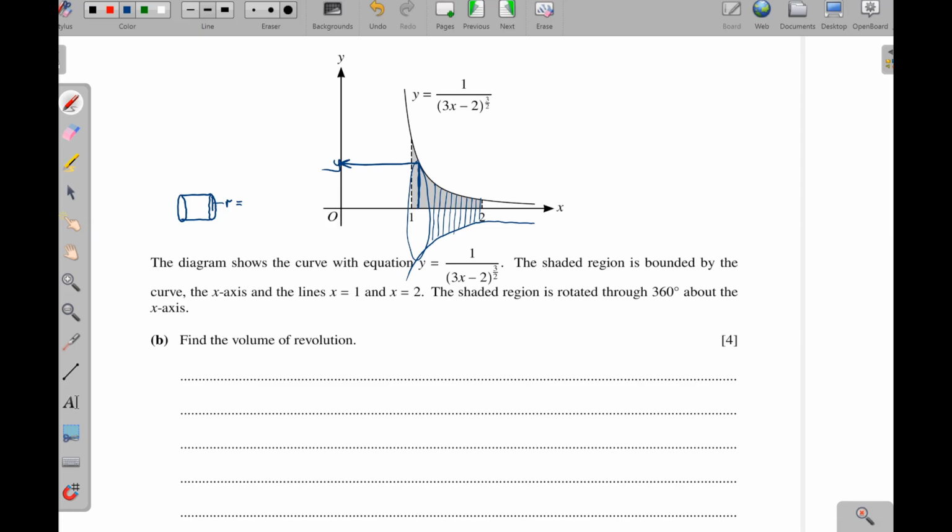So our radius is equal to y. You see that? Then when I pull out this cylinder, I have an x coordinate here and then another x coordinate here. So in between them, that is going to be the height of the cylinder.